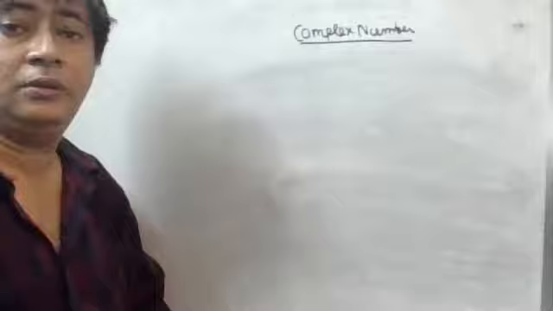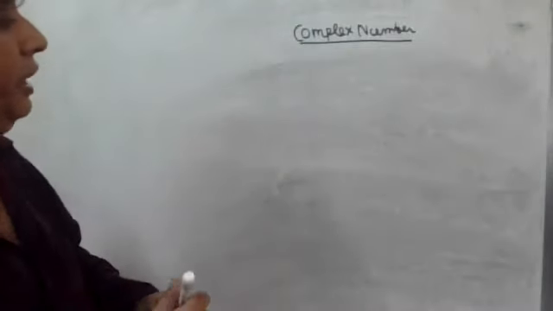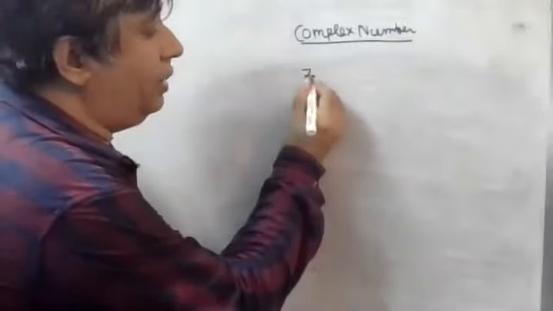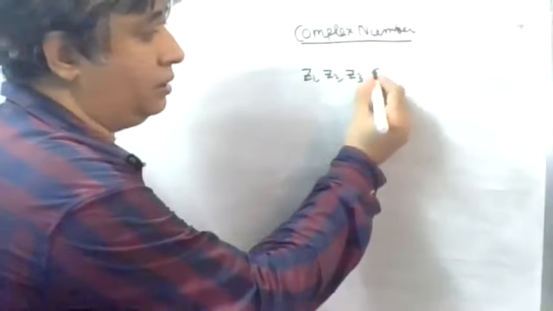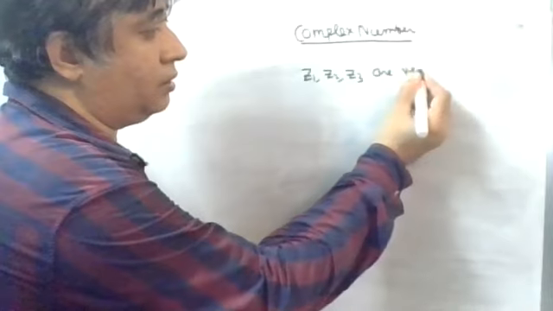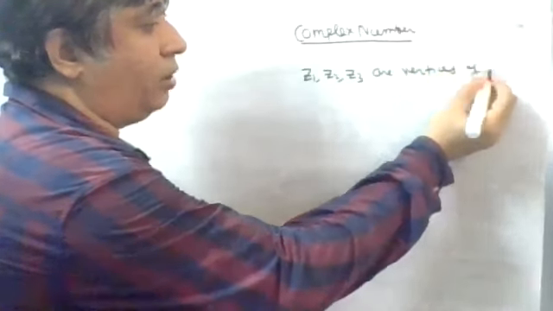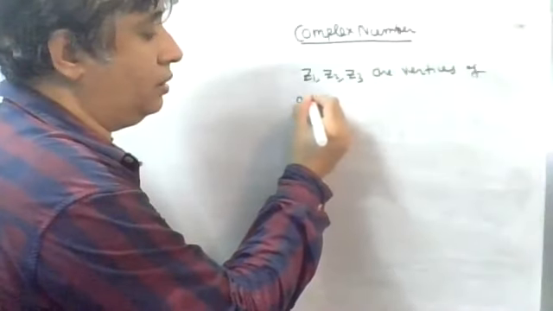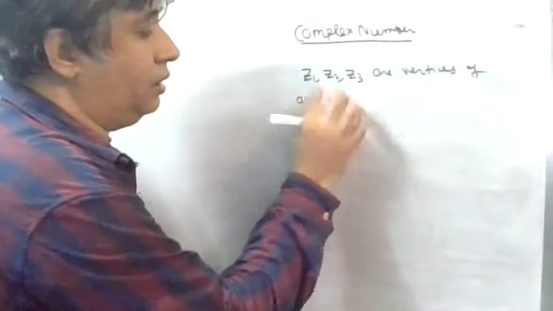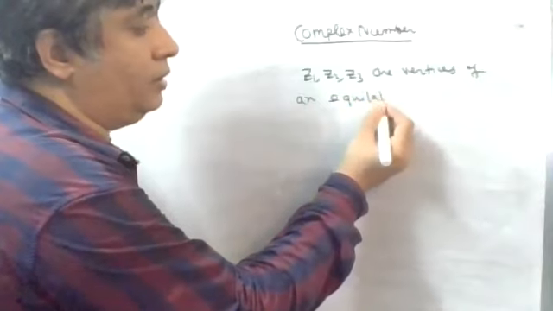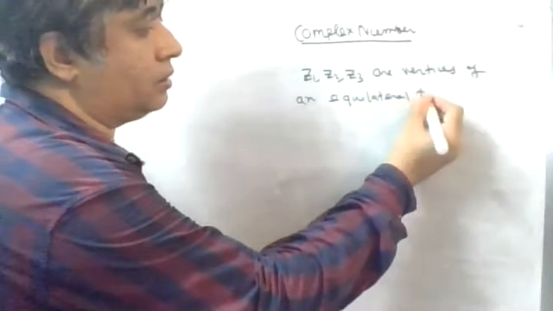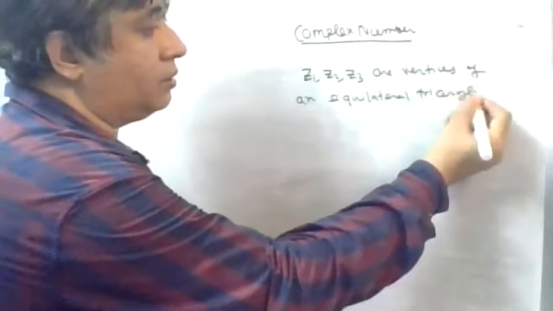Another example. Let us take Z1, Z2, Z3 as vertices of an equilateral triangle.